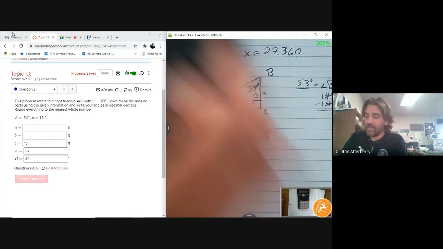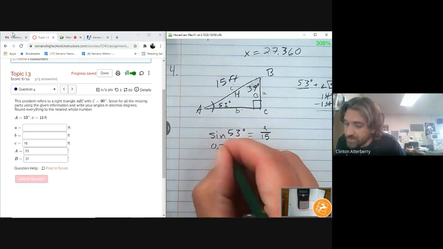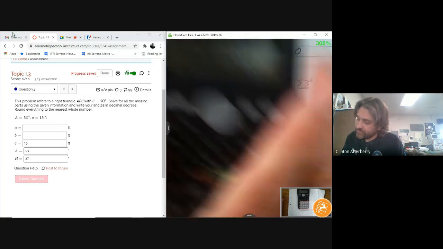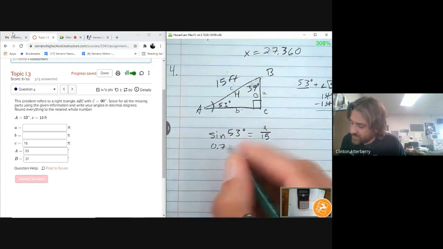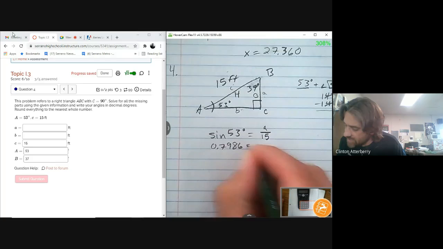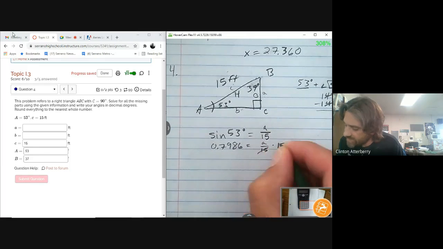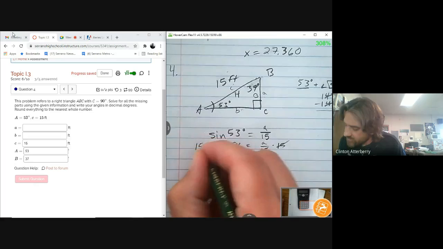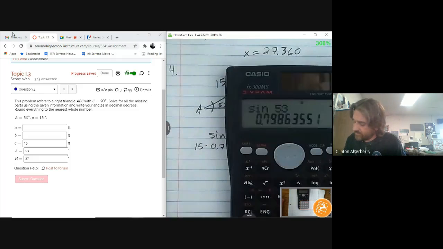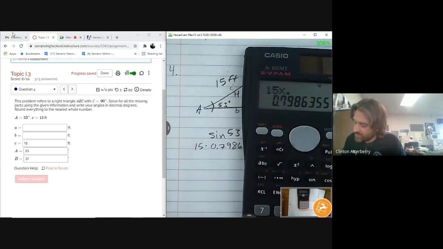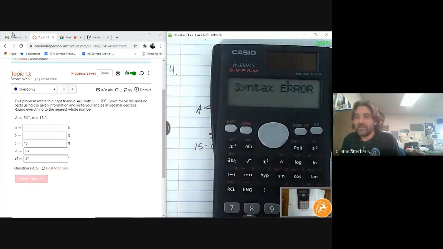Let's do 4 decimal places. 0.7986, it rounds down, is equal to A divided by 15. Multiply both sides by 15, and I get 15 times 0.7986. And I get a syntax error.